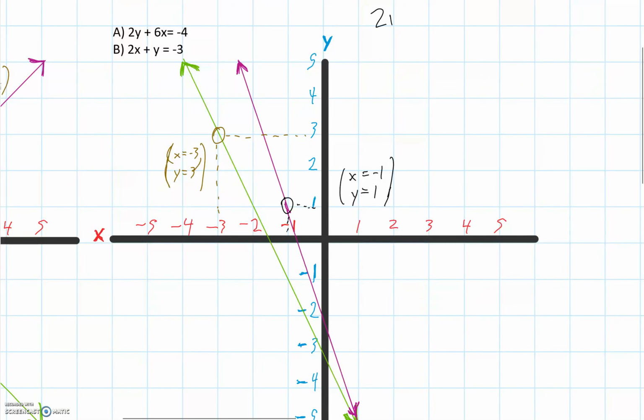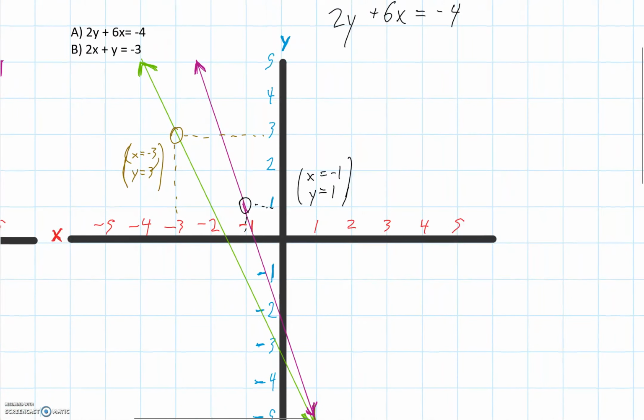So let's try this one, which is from A, 2y plus 6x equals -4. Okay, so instead of y, I'm going to write 1, and instead of x, I'm going to write -1. So 2 times 1 plus 6 times -1 equals -4.